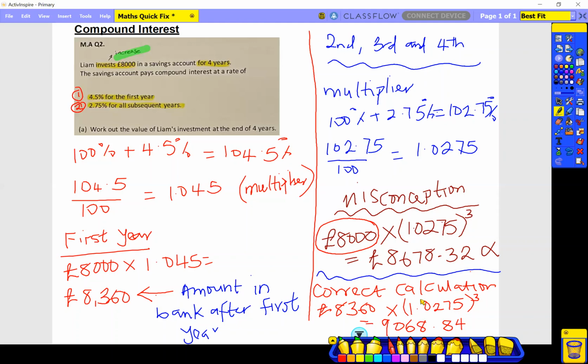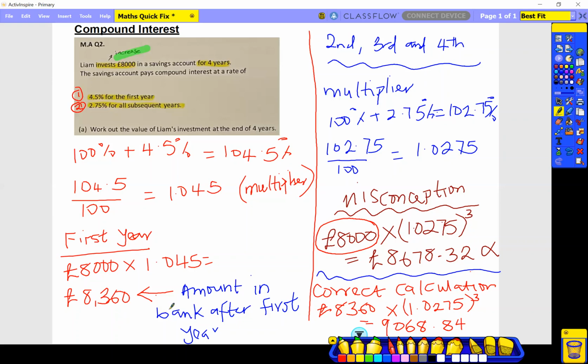Now the question asks us for the value at the end of 4 years. So that is the final answer. After the first year, Liam will have 8,360 in his account, and then if you multiply it by 1.0275, it will increase.